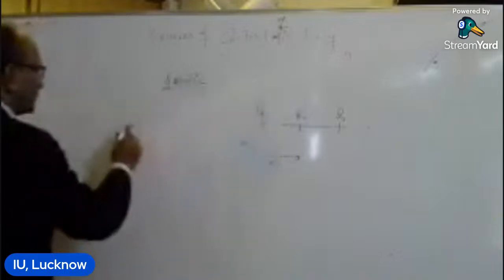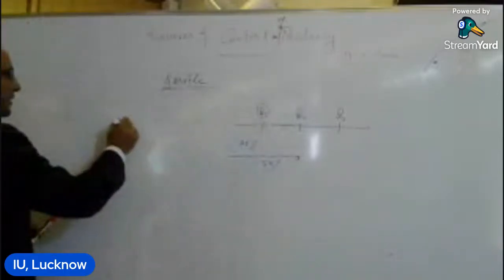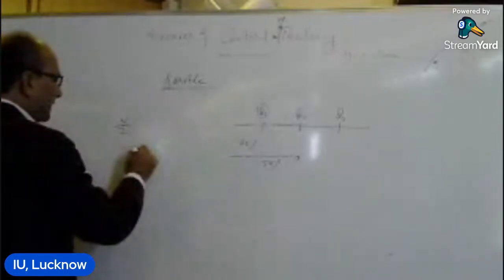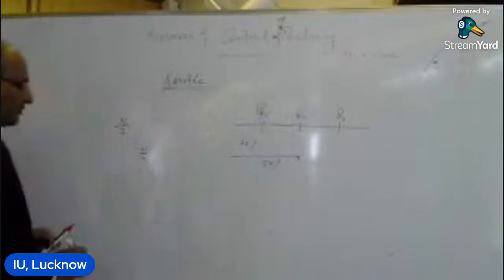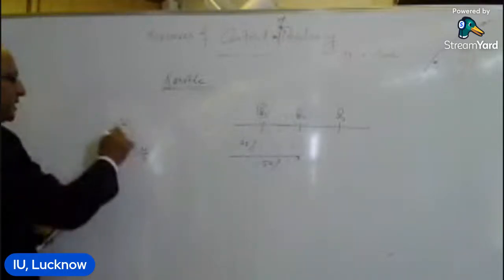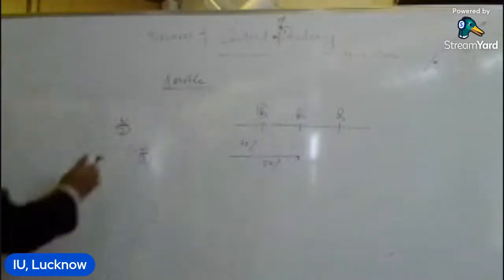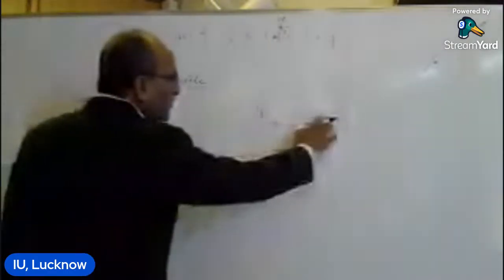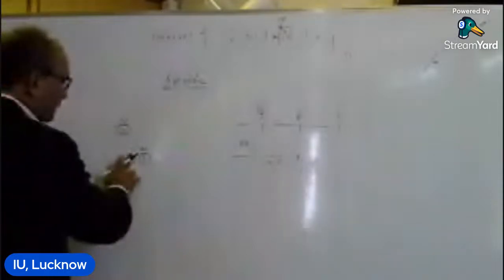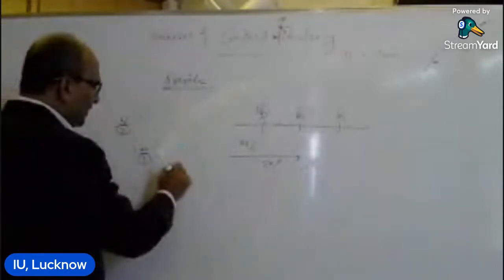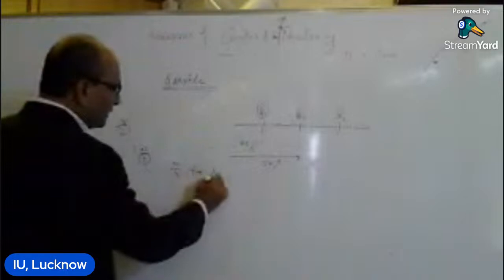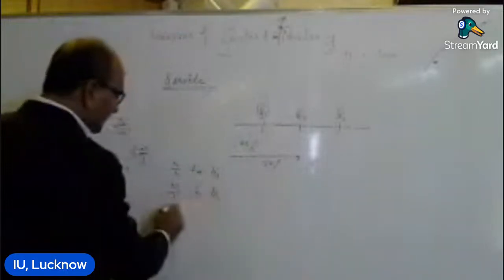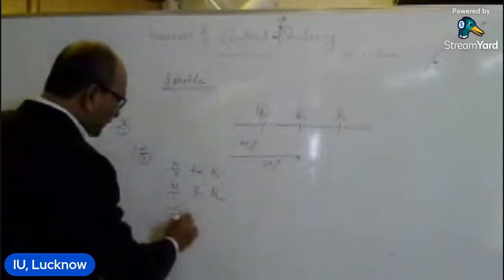In median we divide by 2, and in quartile we divide into 4 equal parts. So 2 is replaced by 4; median is only 2 equal parts, here there are 4 equal parts: Q1, Q2 and Q3. So i is equal to n by 4 for Q1, n by 2 for Q2, and 3n by 4 for Q3.